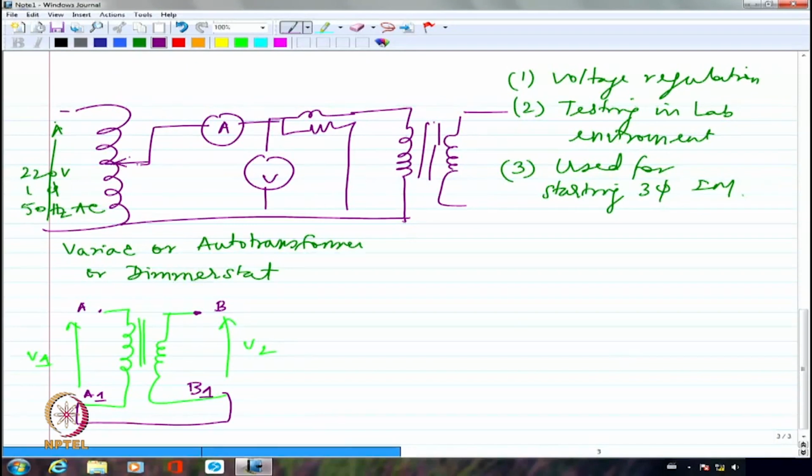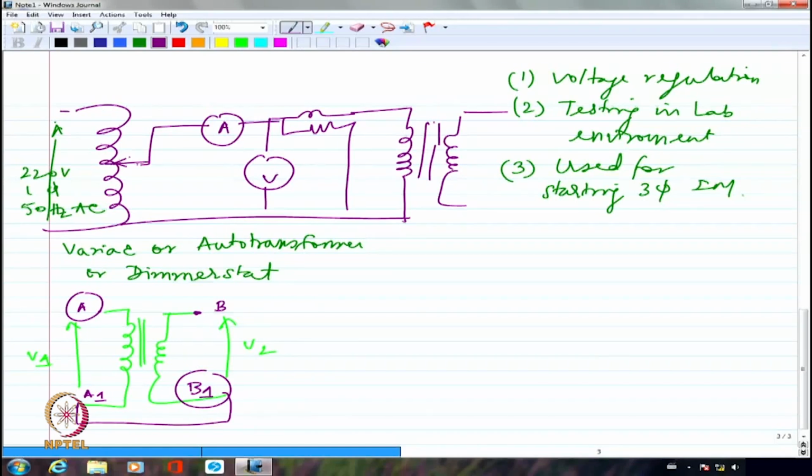I should rather connect A1 to B, and take the voltage across A and B1. Then I would have series opposition, which will give me 2200 minus 220. That's a wonderful question. I did tell you there can be series addition and series subtraction. This brought out at least the series subtraction part.